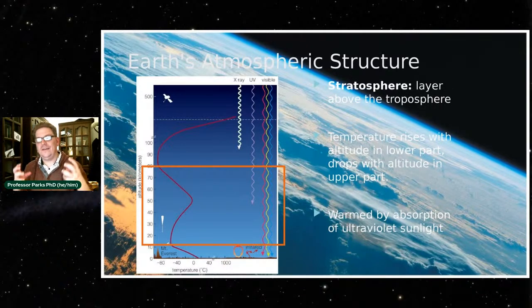The next layer up is the stratosphere, and in the stratosphere we have what we call a temperature inversion. Technically, we have 3.